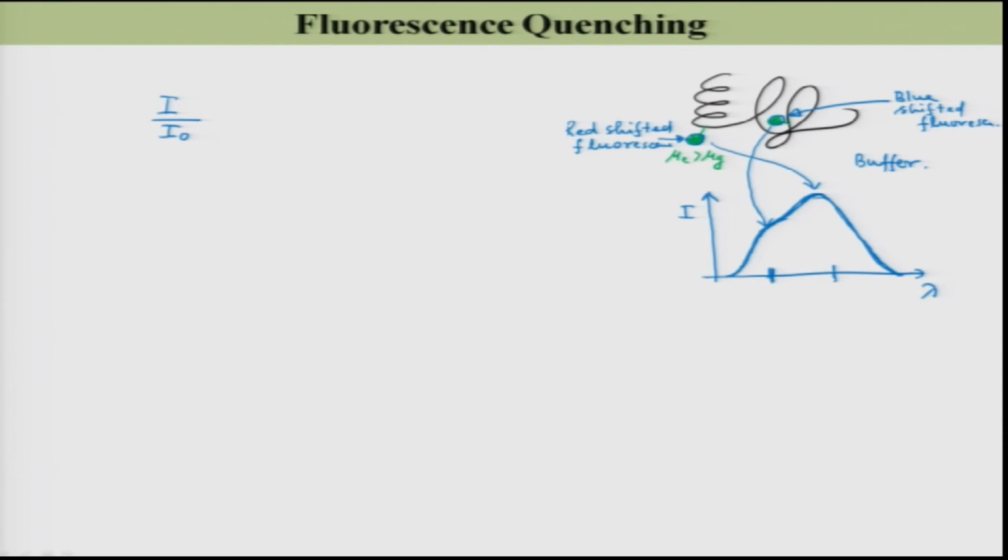Certainly it will be, because when I calculate I by I0 for this wavelength, there will be a lot of change in the fluorescence intensity. When I calculate I by I0 at this wavelength, there will be less change. So, here is less change, here is more change in the fluorescence intensity. So, these are functions of lambda.